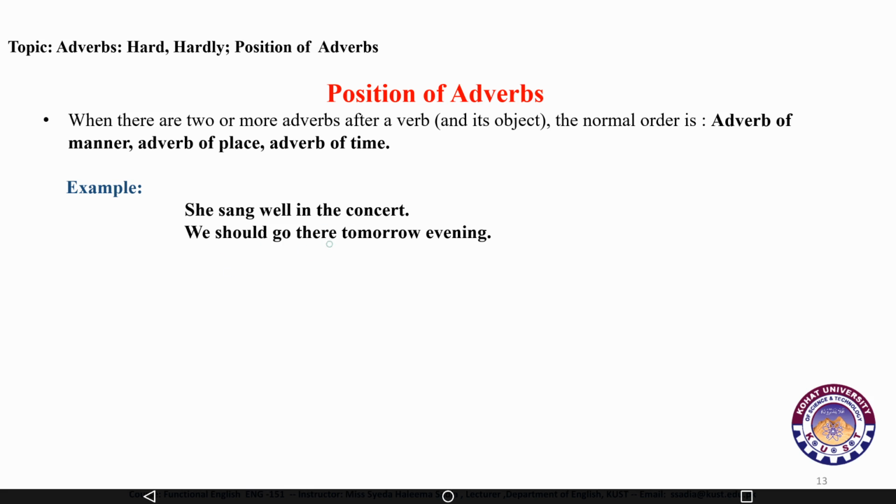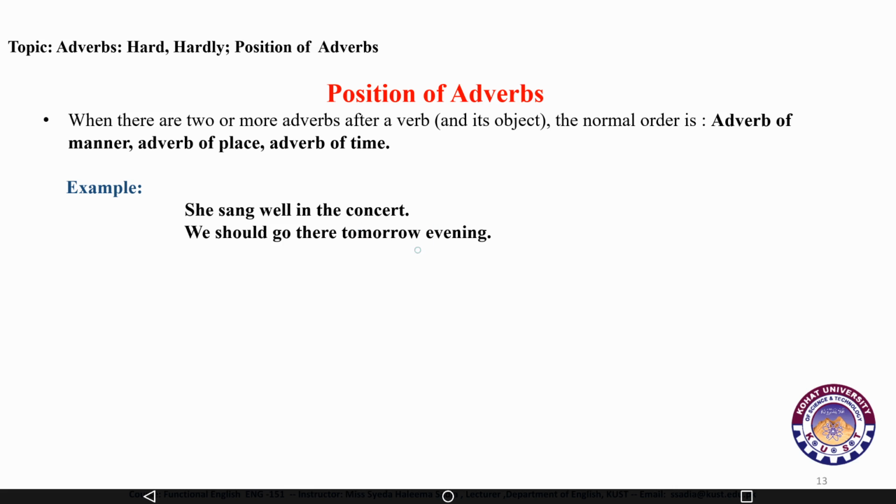We should go there tomorrow evening. So go there, if there is something telling about the manner, then we will have it there. Then after that, we can see that we should go there. There is an adverb of place. Then tomorrow evening, which is telling what?